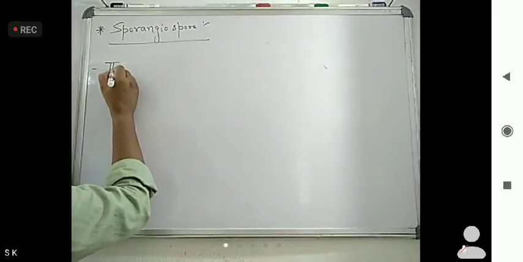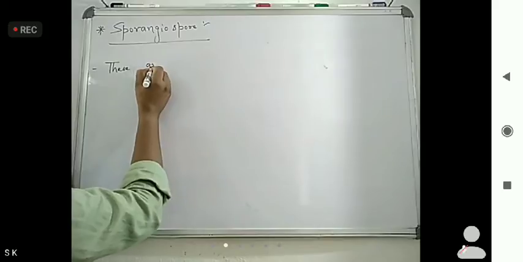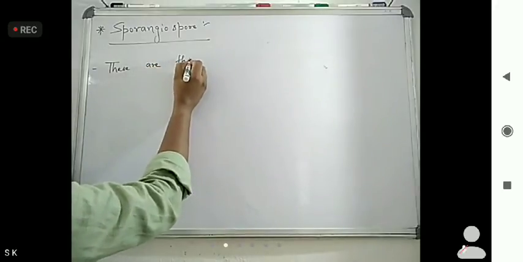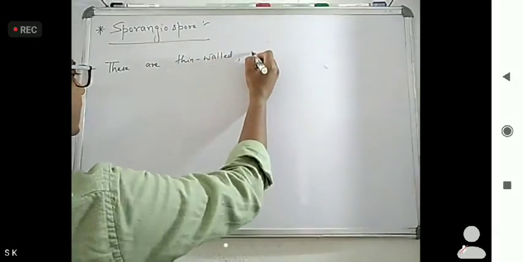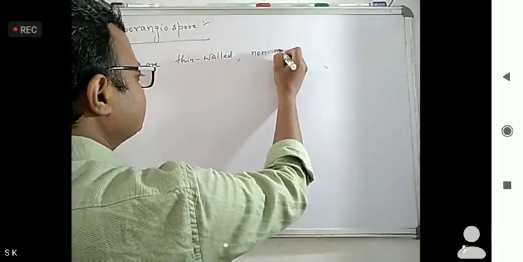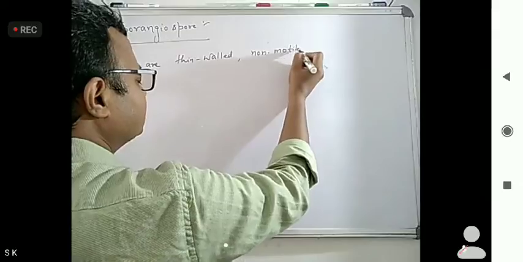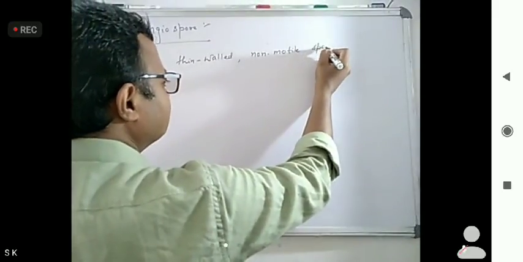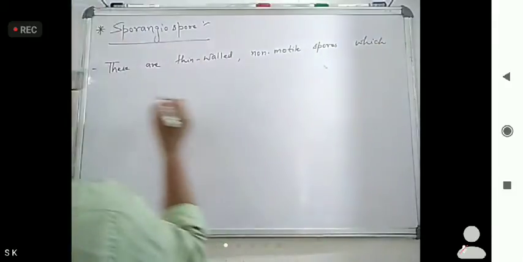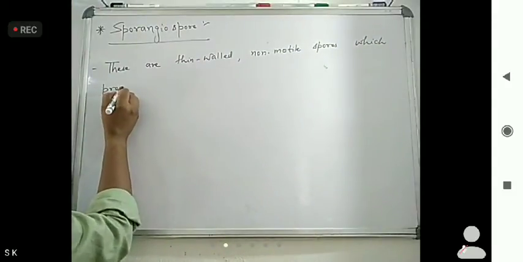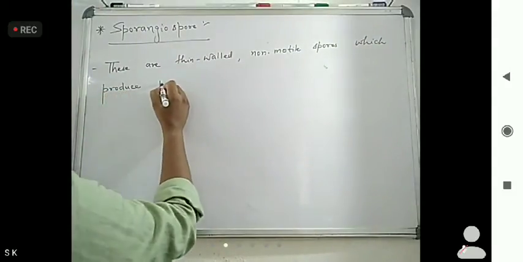So these are thin-walled, non-motile spores, meaning no movement, which are produced endogenously.